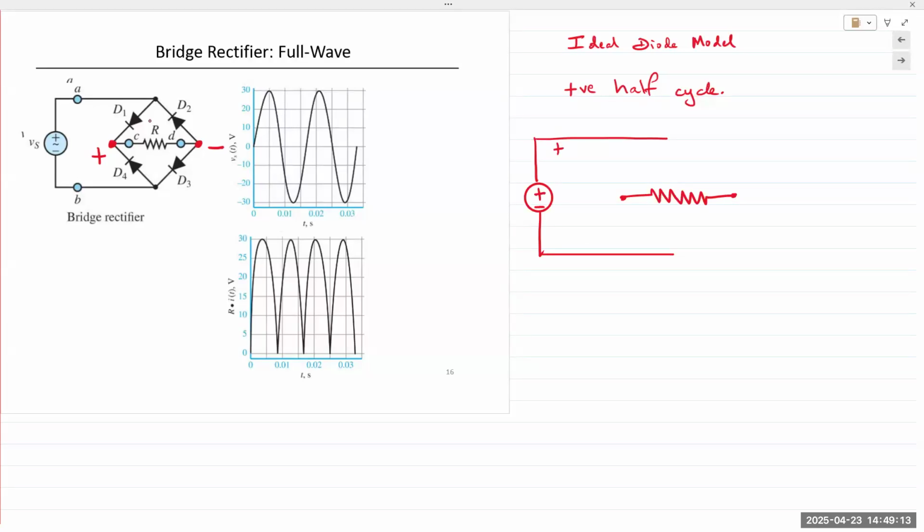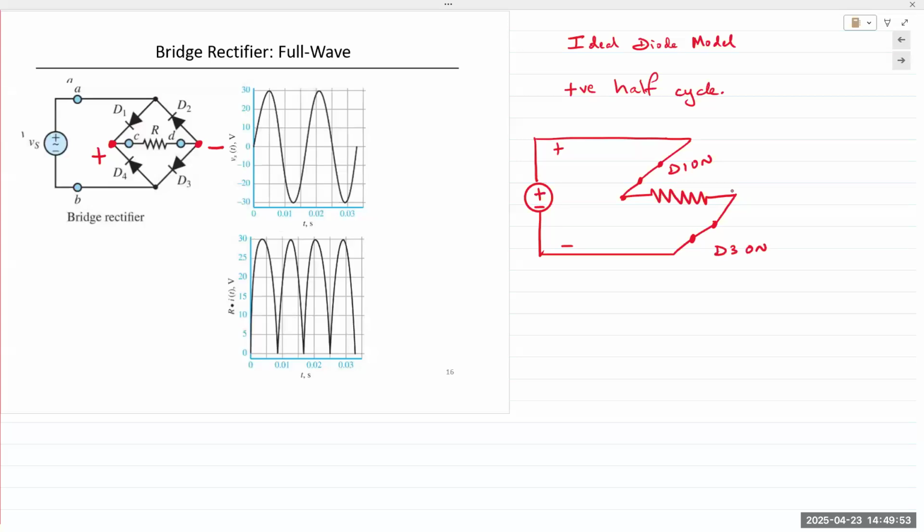You have plus at the top, minus at the bottom. D1 and D3 are on, because the anode of D1 is pointing towards the plus, and the cathode of D3 is pointing towards the negative. Here it's D1 on, here it's D3 on.